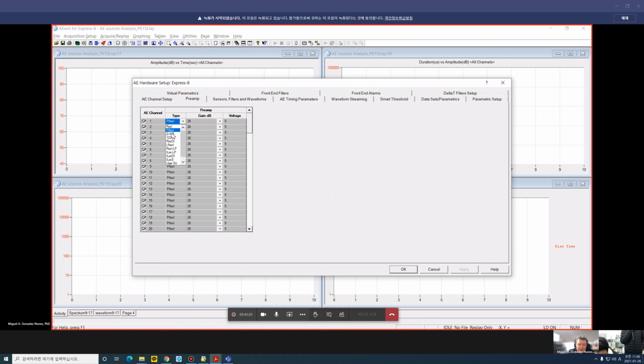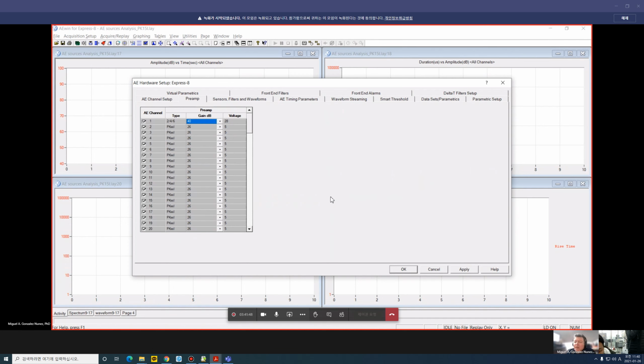You have to use the 246, and you have to select 20, 40, or 60, depending what gain you are using. Right. The default is 40. Yes. Alright? Yes. So those numbers have to be the same.